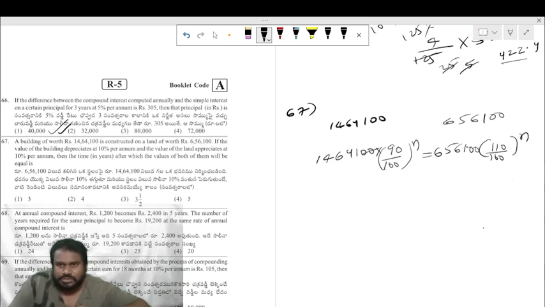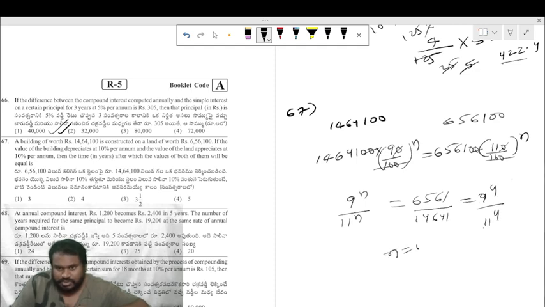Okay, these two zeros get cancelled. The bottom 100 power n gets cancelled. This zero and this zero power n get cancelled. Then 9 to the power of n divided by 11 to the power n is equal to 6561 by 14641. So this is equal to 9 power 4 and this is equal to 11 power 4. So n is equal to 4. In 4 years, it will become equal.